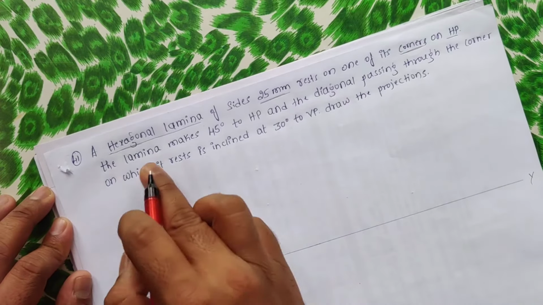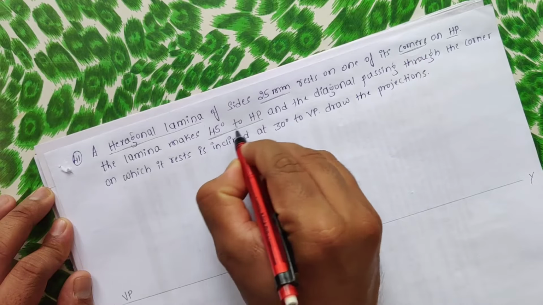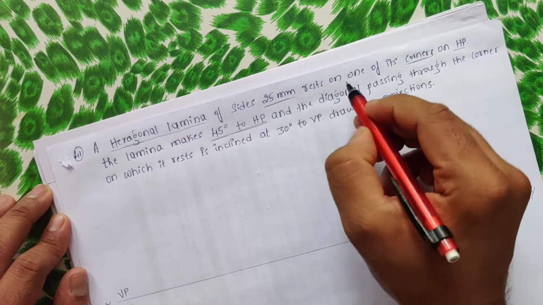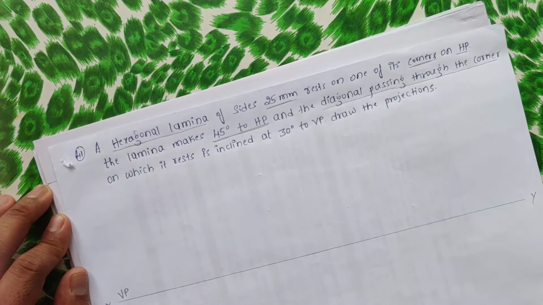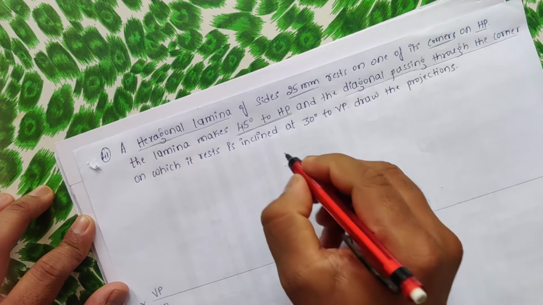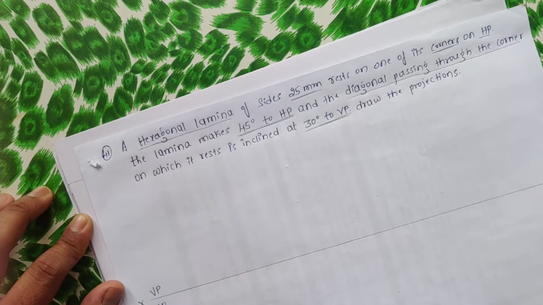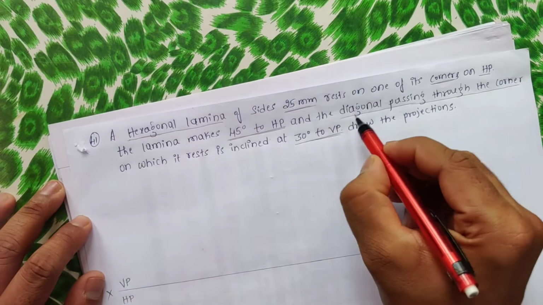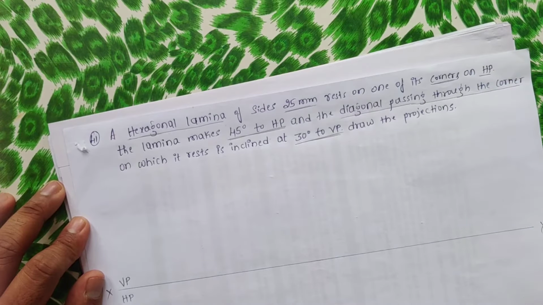The lamina makes 45 degree to HP, and the diagonal passing through the corner on which it rests is inclined at 30 degree to VP. So draw its projections. By reading this statement, diagonal passing through the corner, it is understood that it's a problem with beta angle. Hopefully we'll get a beta angle.